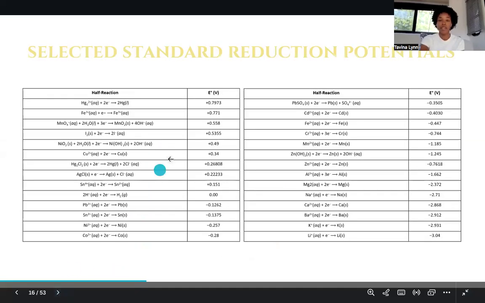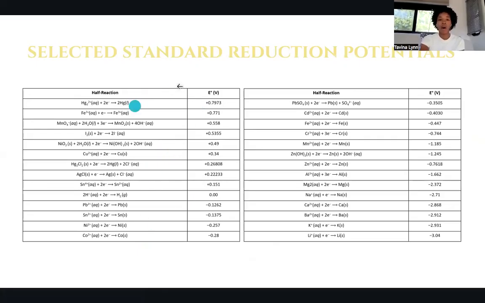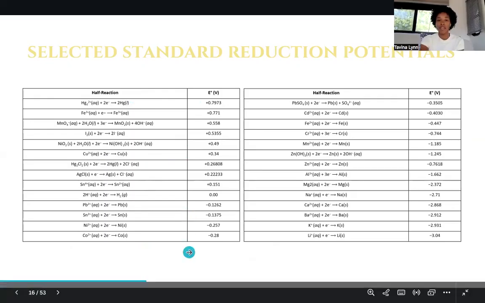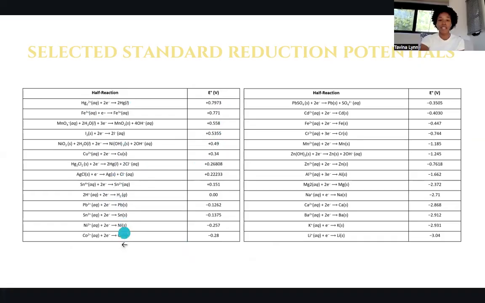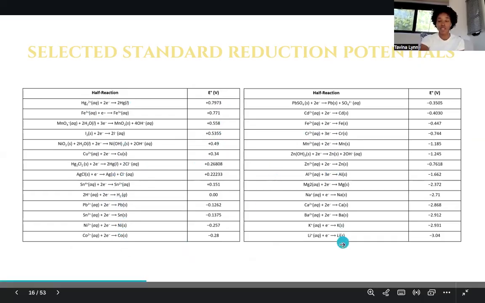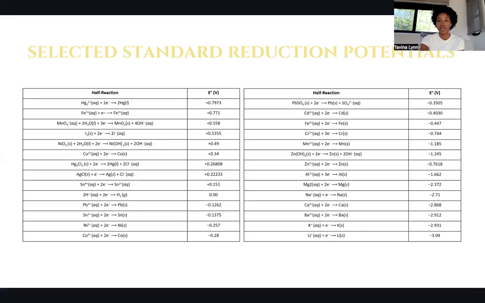So here is, I think it's Appendix L maybe in your textbook. I will always provide you with the standard reduction potentials on an exam. So these are standard reduction potentials for different half reactions, for reduction half reactions. And we were able to get these values because they coupled them to the standard hydrogen electrode, to SHE.